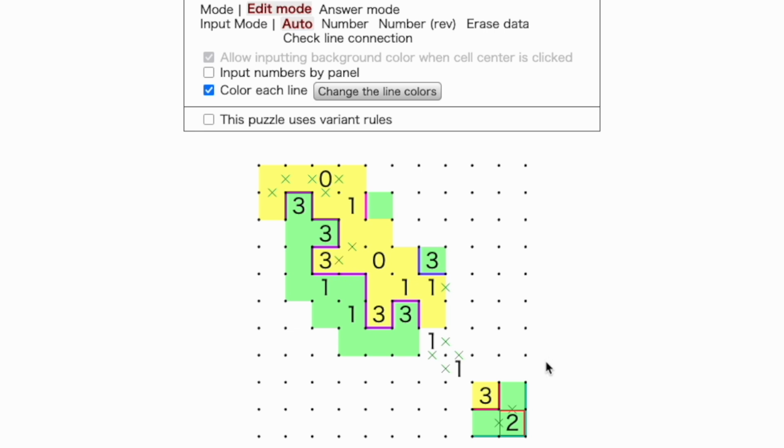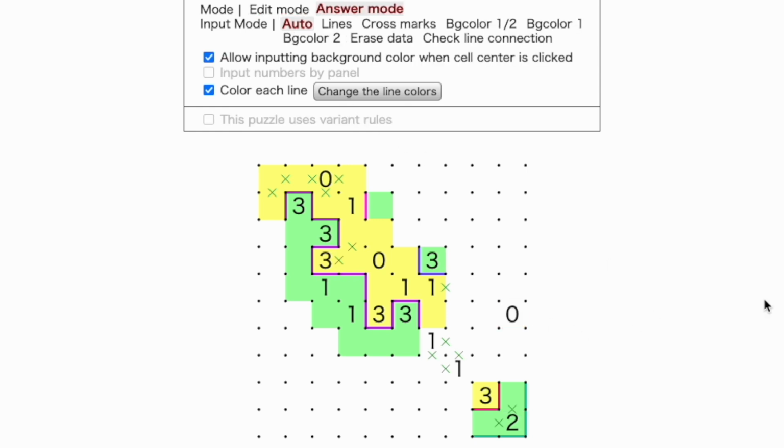Let's put a hard block on one of the sides with a 0. That's going to be good because that will force these all to be yellow.